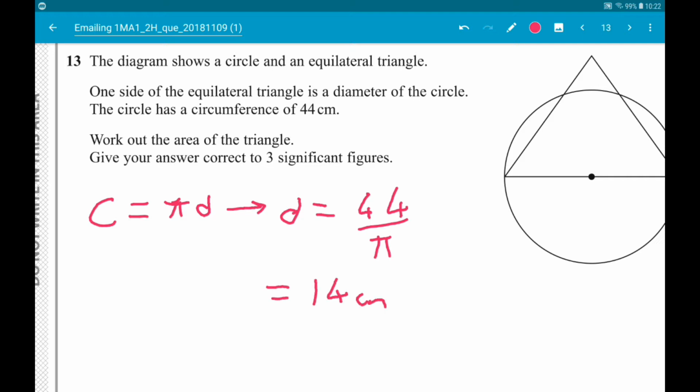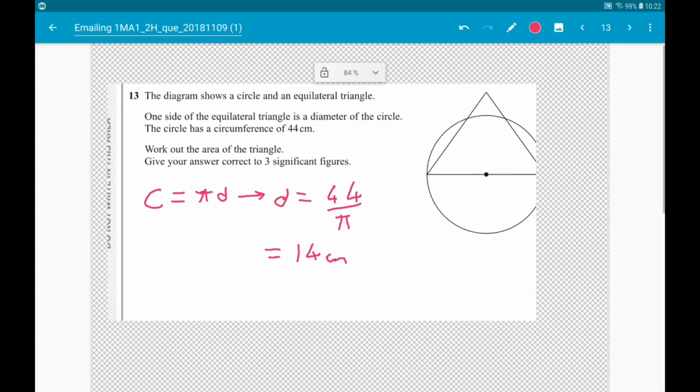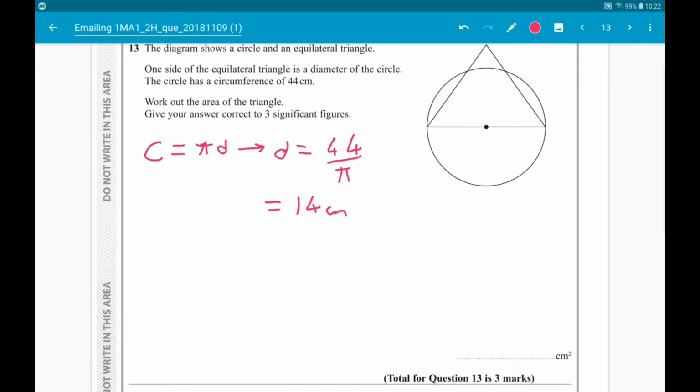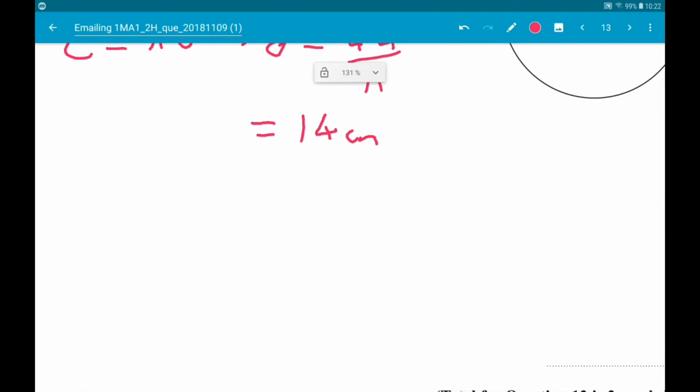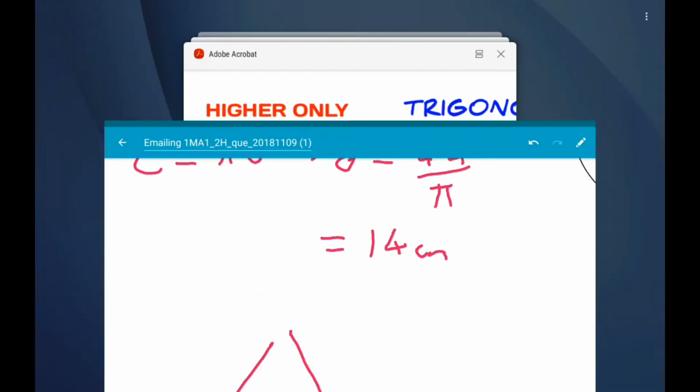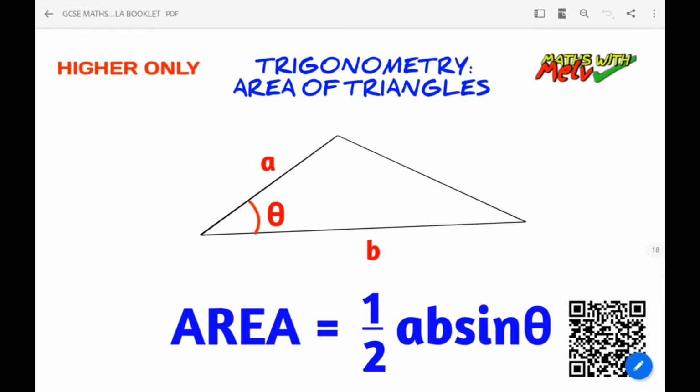Okay, so at this point we can now forget the circle. We now have this equilateral triangle with sides of 14 centimeters. Now we could use Pythagoras to find the height and work out the area that way, or we can use area of a triangle with trigonometry.